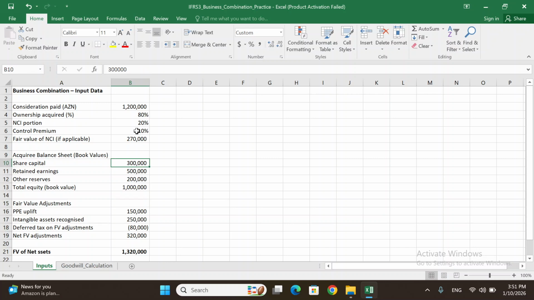So we have to see its net assets, book value of net assets, and fair value of net assets. Because when we consolidate, we will consolidate fair value of the net assets, not only book values.